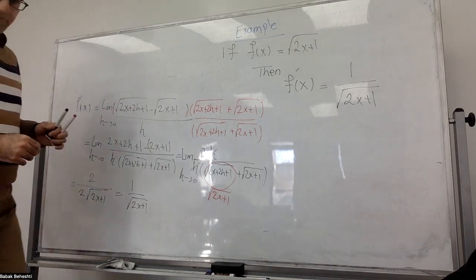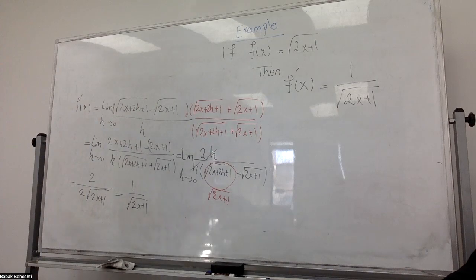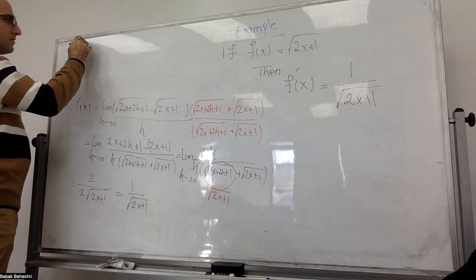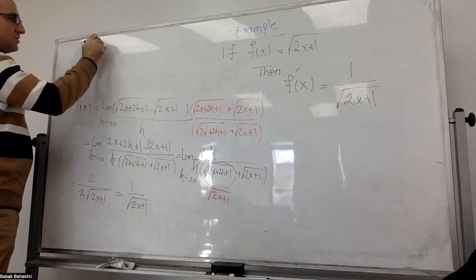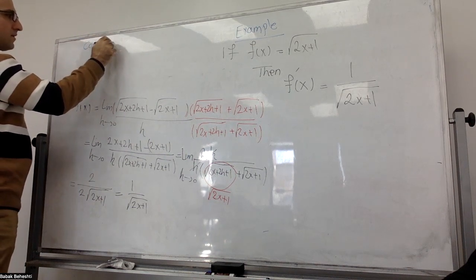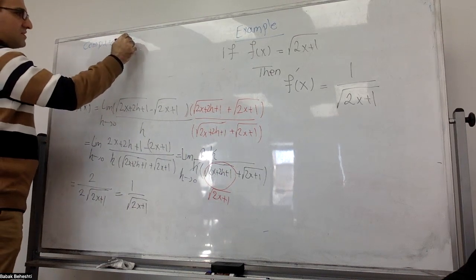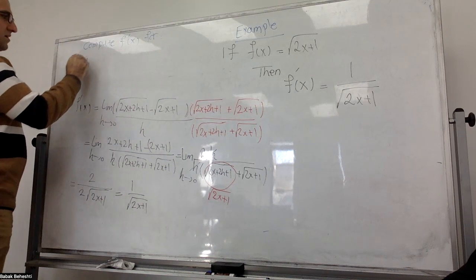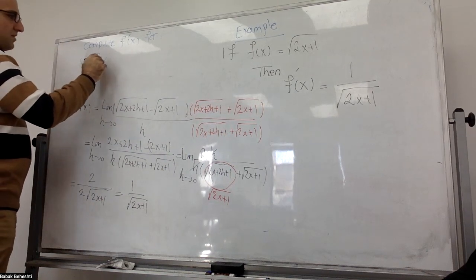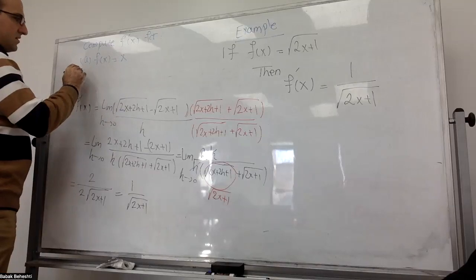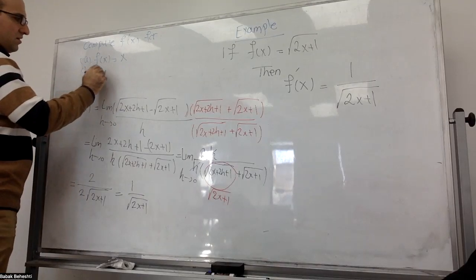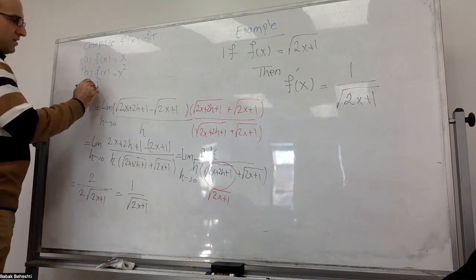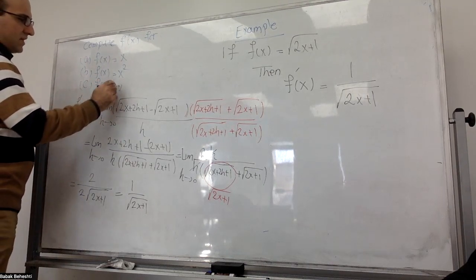Okay, so the exercise I want you to do is to compute f prime of x for these functions. A, f of x equal to x. B, f of x equal to x squared. And C, f of x equal to x cubed.